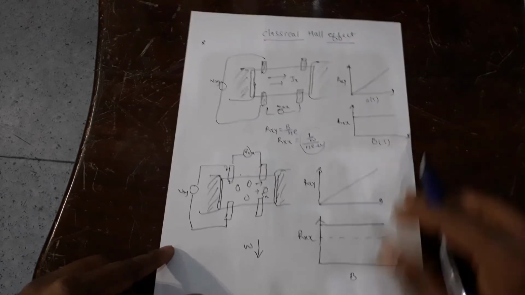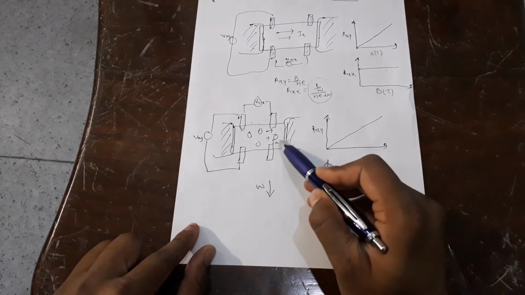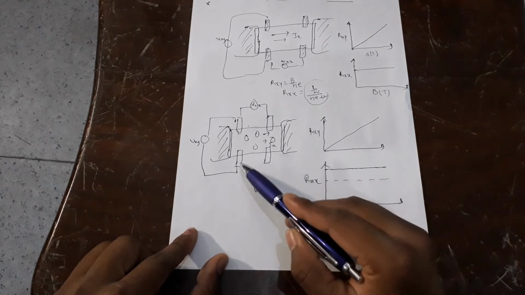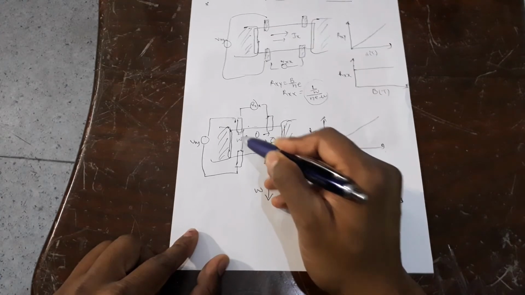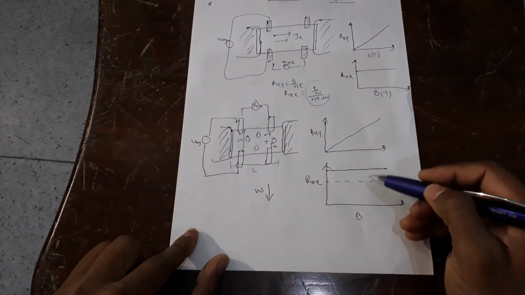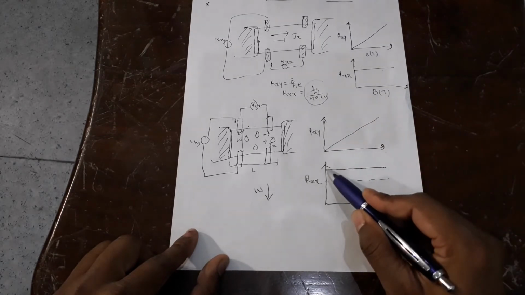Very good. Now something interesting happens when you punch holes through this sample. That is a kind of disorder. What happens is the total width of the sample is decreased, which leads to an increase in the resistance, which I have shown here.